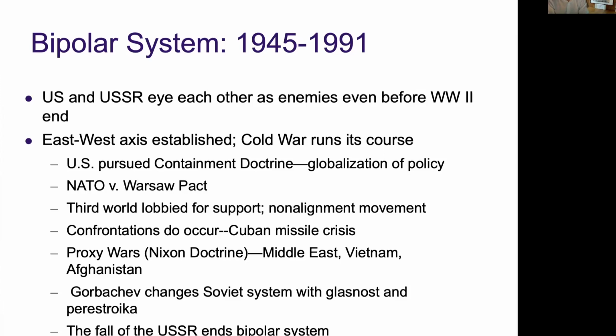In terms of confrontation, we do have to notice that they occurred. So we did have confrontations, and some, including the Cuban Missile Crisis, were very, very close to the move from a Cold War to a hot war.